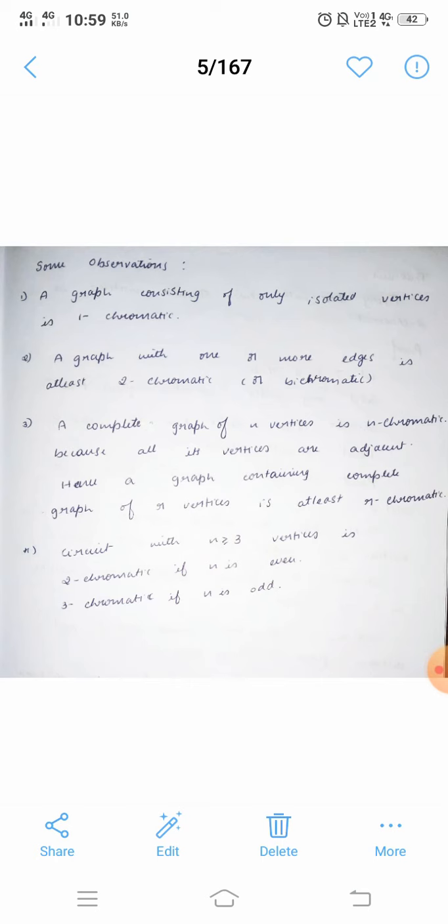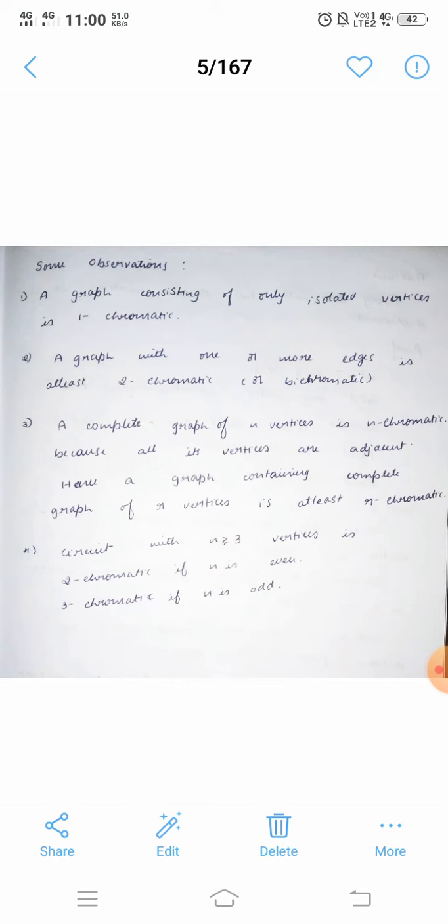If a graph has only isolated vertices, the graph is a null graph. There are no edges, only the vertices we are having. Then we can paint all the vertices with the same color because no vertices are adjacent to each other. So we can paint with only one color. So that graph which consists only of isolated vertices is called a one chromatic graph.